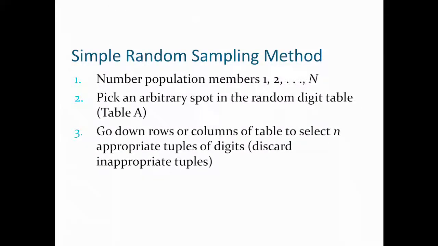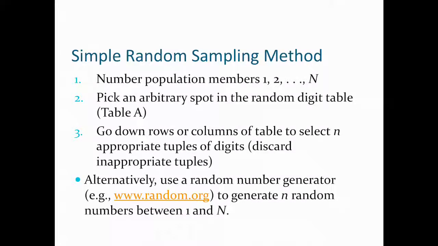So when you go to Table A, you'll see that there are lines, and then there are 5 sets of numbers, and then a tab, and then another 5 set of numbers, and all that's done all the way through the lines. So you can go down the rows and columns of the table, select n, the appropriate tuplets of digits, and you can discard the inappropriate ones.